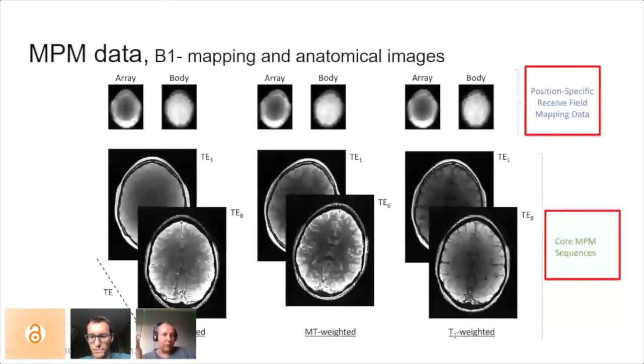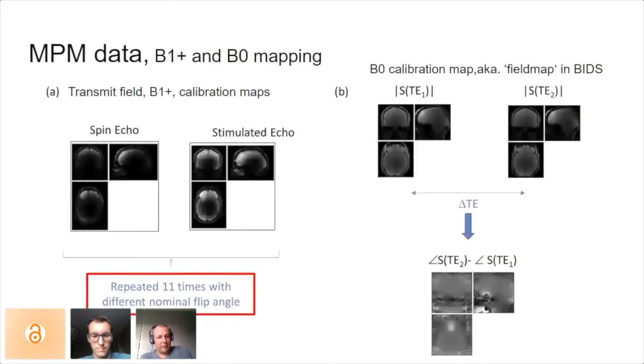And with those two, you are supposed to be able to reconstruct the bias in intensity that has been introduced in your anatomical images. Along that, they also measured the transmit field, so that's the so-called B1+. They did that using a spin echo, stimulated echo sequence where they use 11 different flip angles, and you have the standard B0 map.